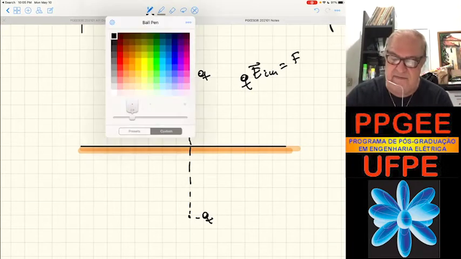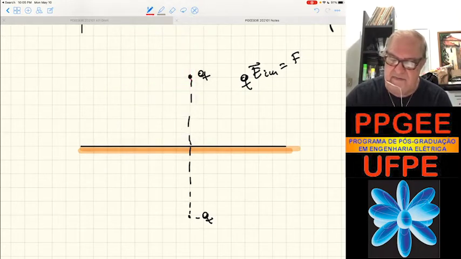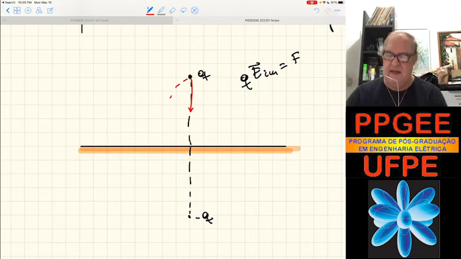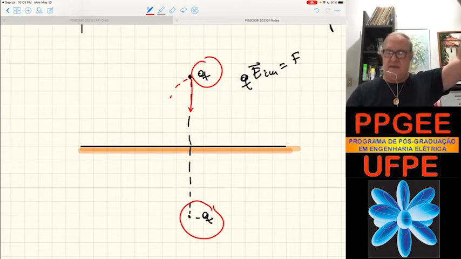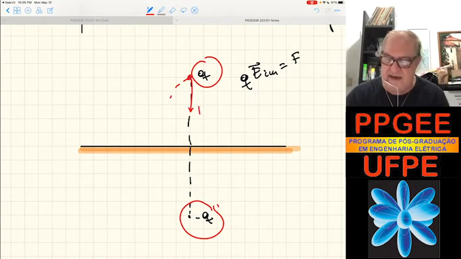So the image charge is exerting a field, and the field of the image charge on Q points downwards. You remove the charge and determine the field of the image charge at the location of the charge. It's going to feel something like this.